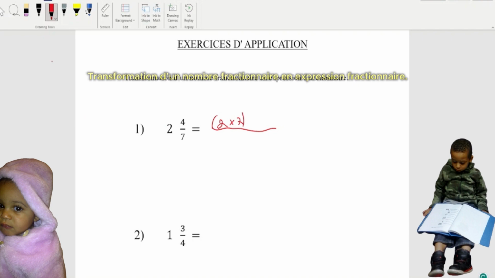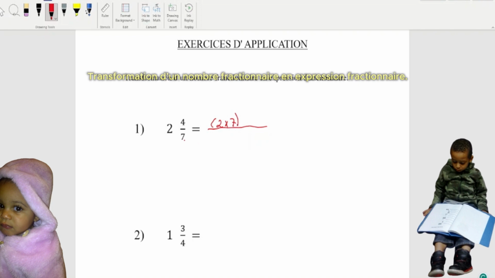Okay. Let me erase this. I'm gonna write this correctly. Okay. So this is what we have to do here. So 2 times 7.